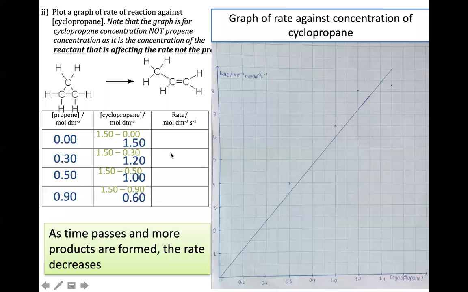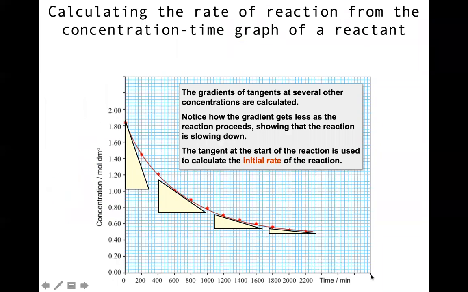okay, this one I'll talk about the second type of graph, which is rate on the y-axis and concentration on the x-axis. Okay, this graph is showing you the concentration time graph of a reactant. How can you tell? Because look at the initial, at the start of the reaction. At the start of the reaction, you have about 1.